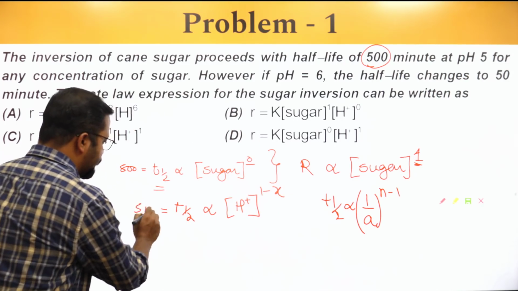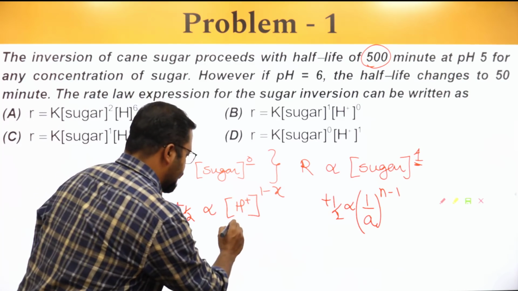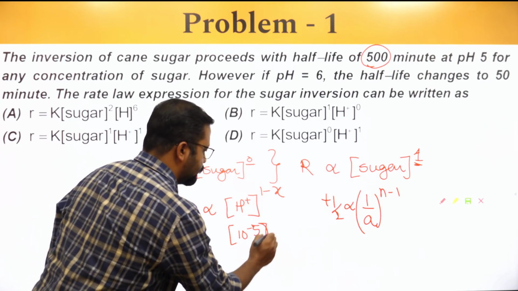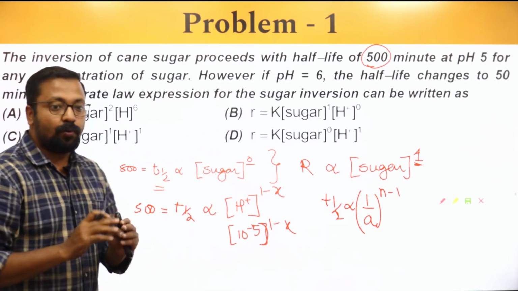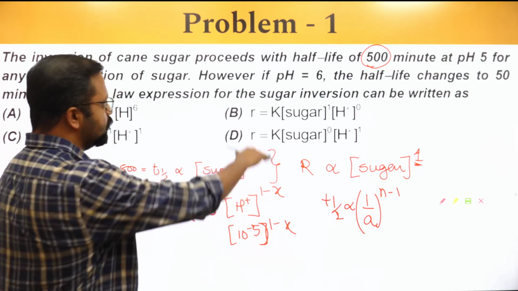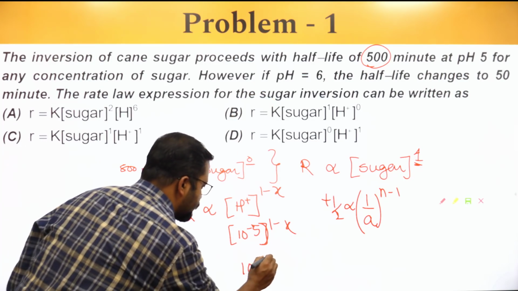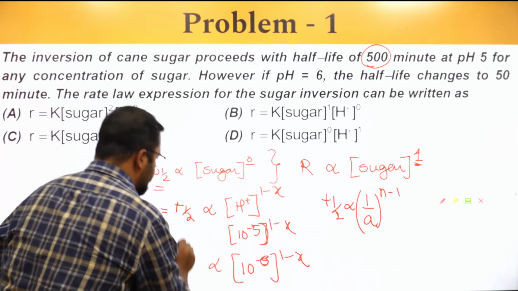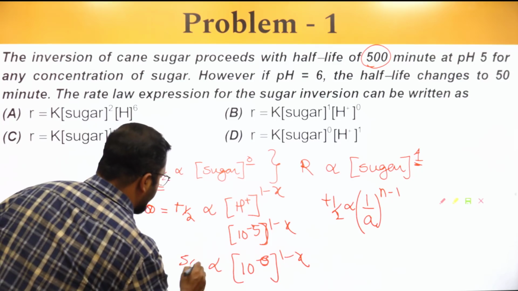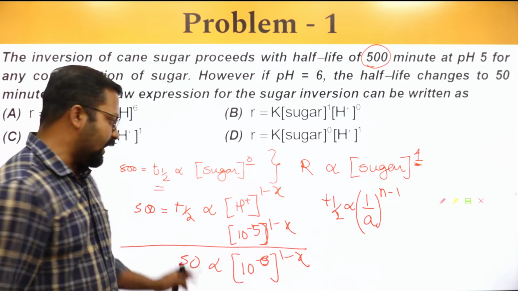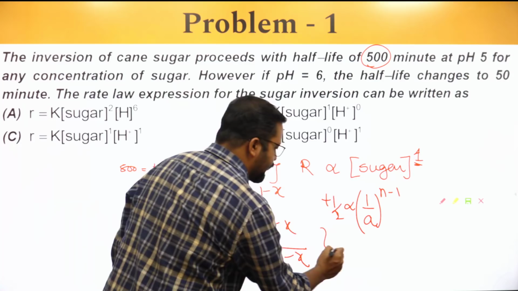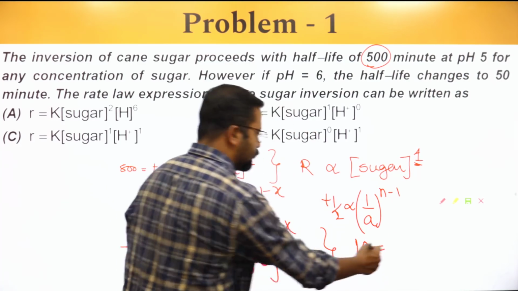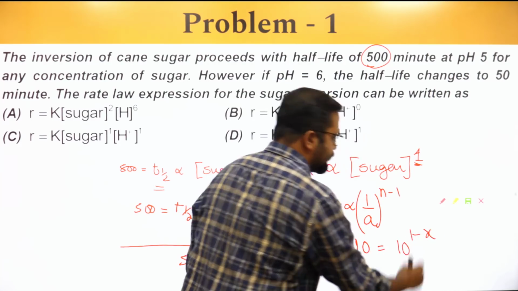T half is given as 500 when H plus is equal to 10 raised to minus 5, and when H plus is equal to 10 raised to minus 6, T half is 50. So I divide both of these equations, and I get 10 equal to 10 to the power 1 minus x.